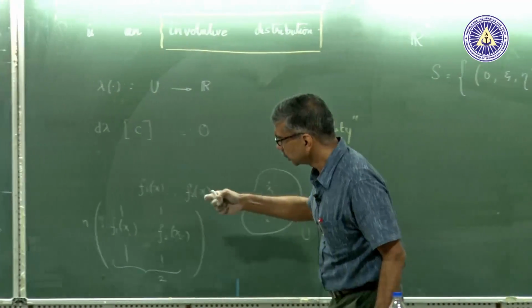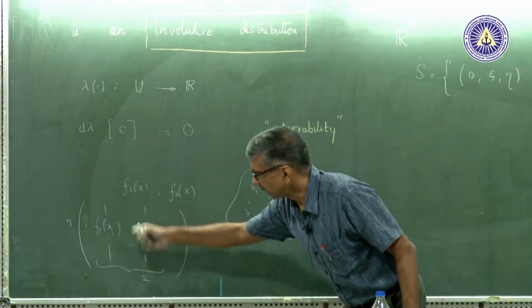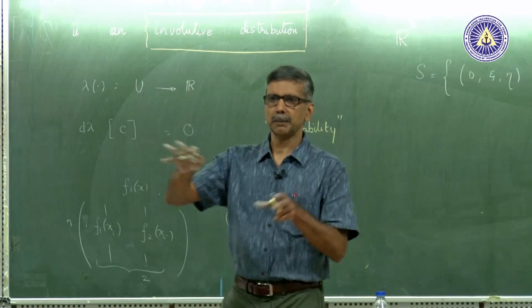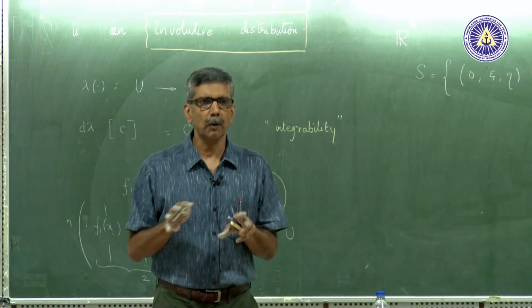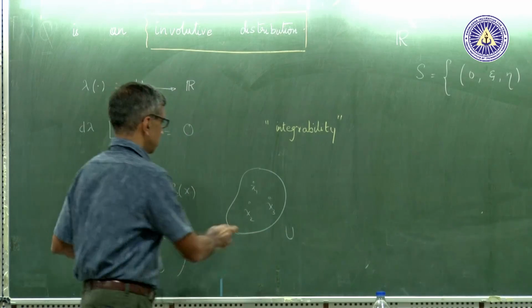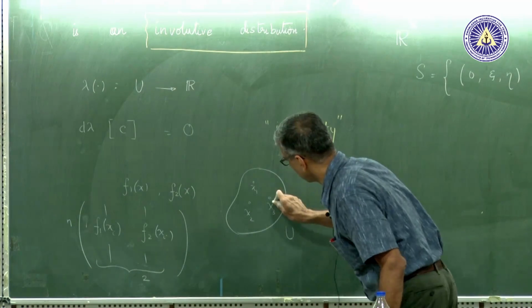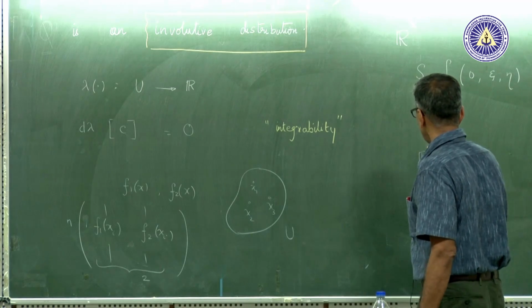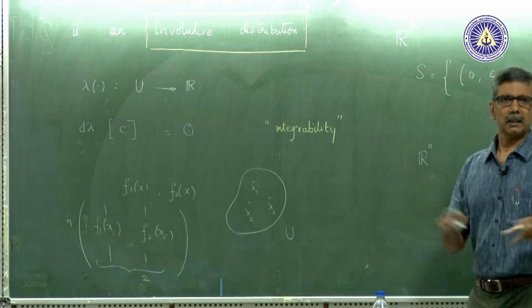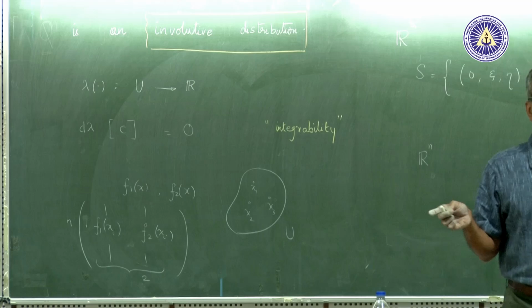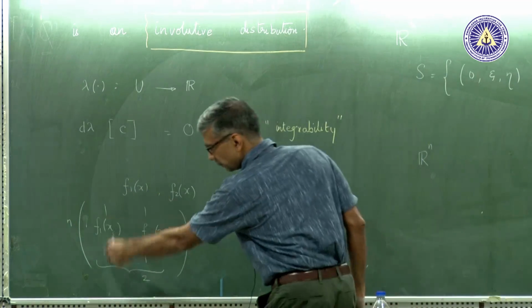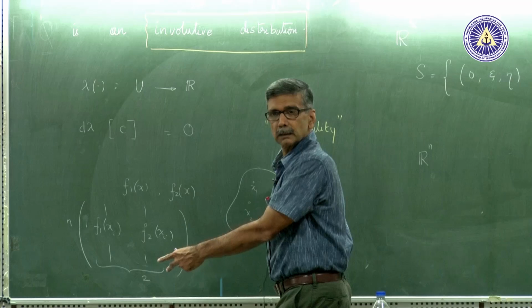Now, what does the distribution do? At each point it is assigning a subspace. At each point here you have an entire vector space in which you can have vectors, right? You have an Rn, but out of that it is picking a two-dimensional subspace.